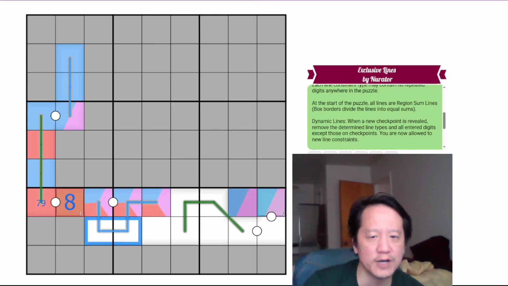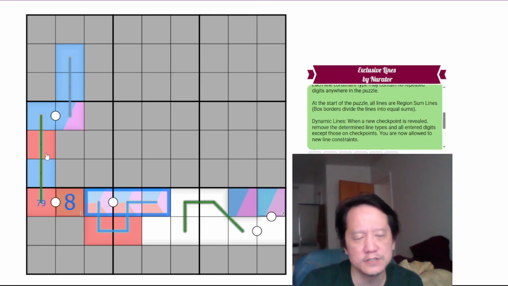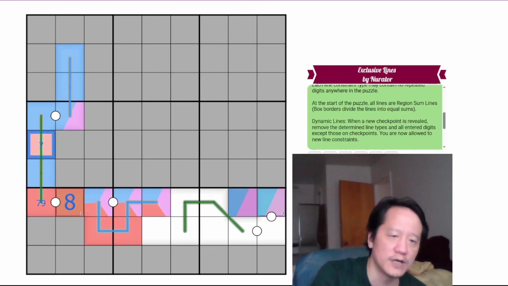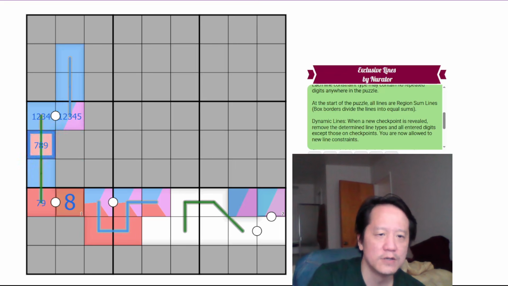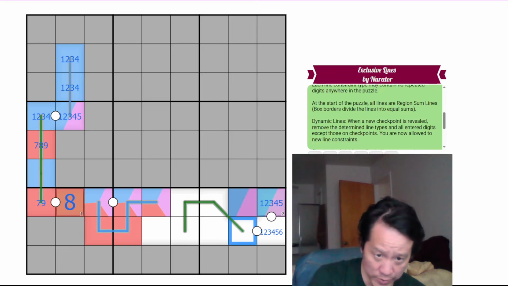These have to both be high then, because we have all the digits 1 through 5 accounted for in the low and high digits. This has to be 7, 8, or 9. This is 1 through 4 here, 1 through 5 there. Therefore, this is 1 through 4 here, 1 through 4 here. This has to be 1 through 5, which is consecutive with 1 through 6, which is consecutive with 1, 2, 3, 4, 6, or 7.